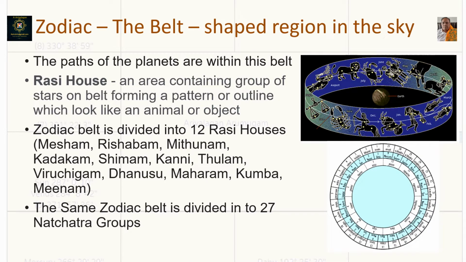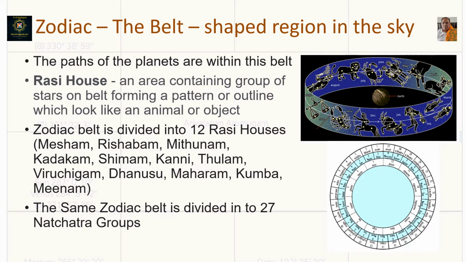Actually, the zodiac belt is an imaginary one, which consists of a lot of stars. When we look at the zodiac belt from the Earth, we conceptualize some area or segment of it into some kind of an image, and these images are called the Rasi houses.